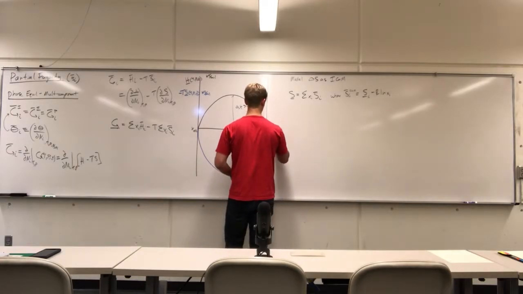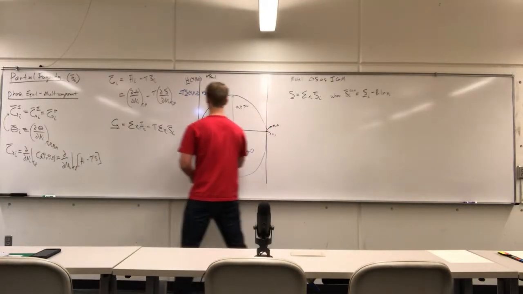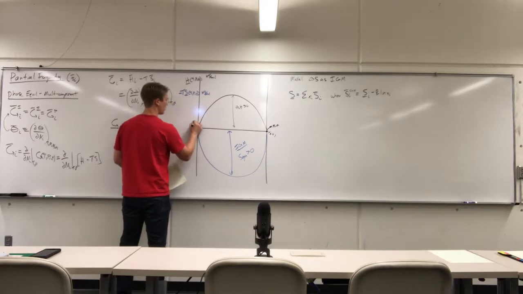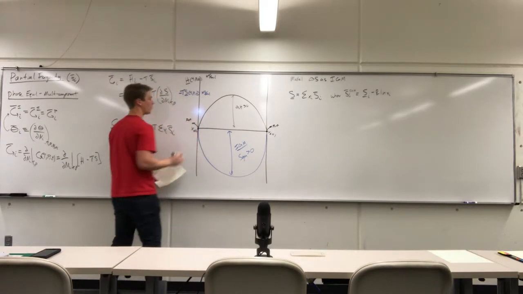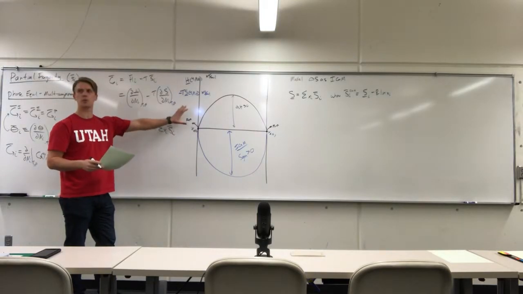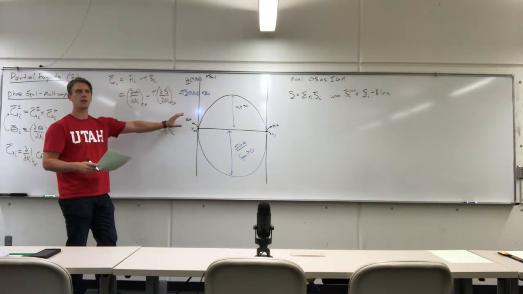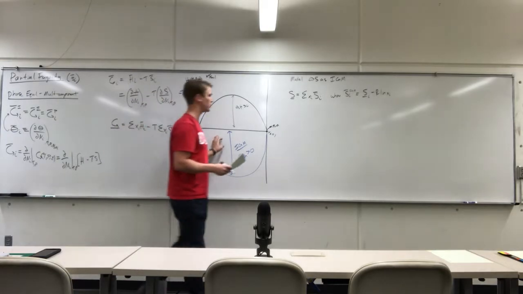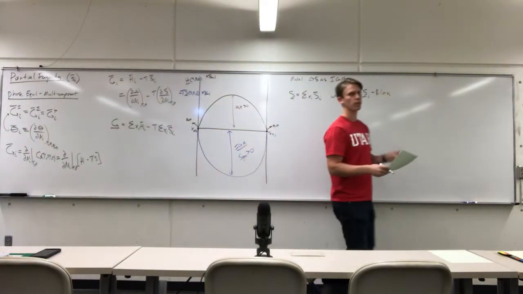What we will do to simplify our lives is set our reference states as the pure component at the temperature and pressure at which we are mixing this system. So we'll mix it isobarically and isothermally.